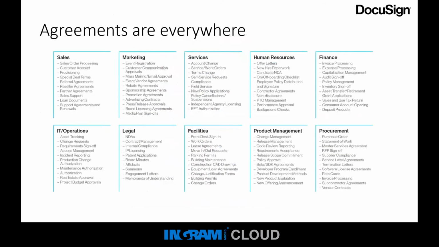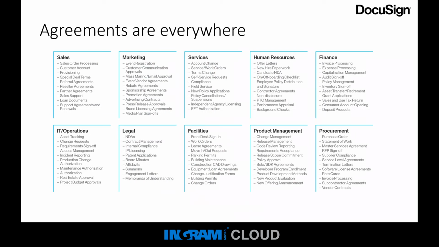And as we said right at the beginning, agreements are everywhere. This just gives you a snapshot of the sort of use cases which you can use across functions. A lot of the time what we'll see is that businesses will make an investment of Docusign into a specific line of business. If I take HR as the example, HR will take it out for their specific needs.